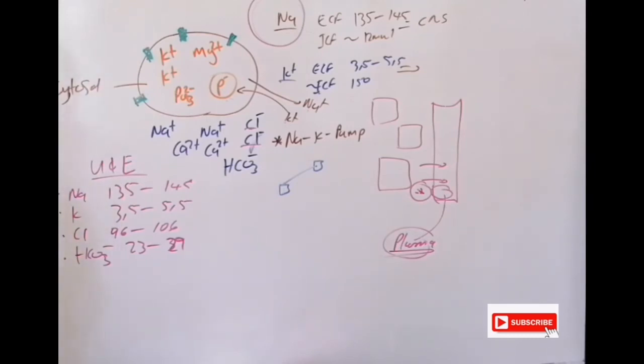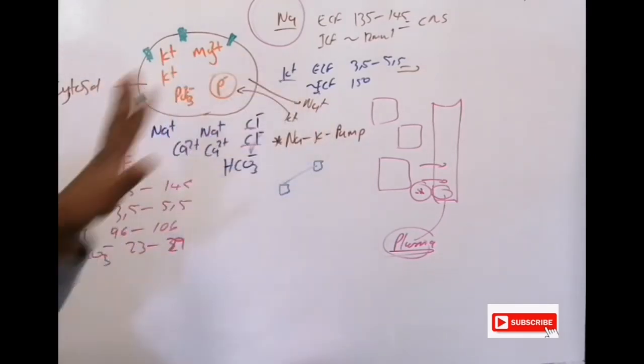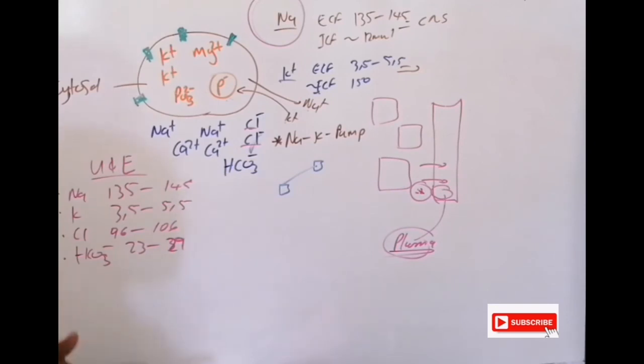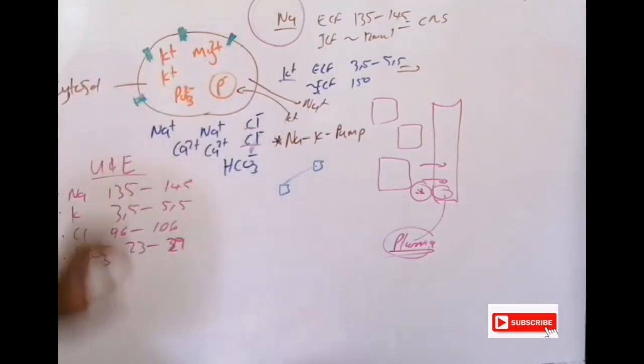If now I'm interested in what is happening with the calcium, the magnesium, the phosphate, because remember, you do have magnesium outside the cell, but it's less abundant. The same electrolytes that are outside, you also have them inside, but it's all about which electrolyte is abundant in what fluid compartment, right?